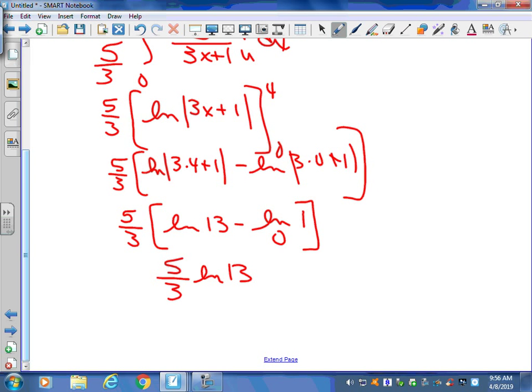It's not hard to type that in the calculator and get an answer, but the key is you need to know which way they're going. And sometimes it's not clear in our homework which way they're going. So how about we write both every time, maybe? I'll just tell you the decimal for this one. 4.275 would be the decimal if I type 5/3 ln of 13 in my calculator.